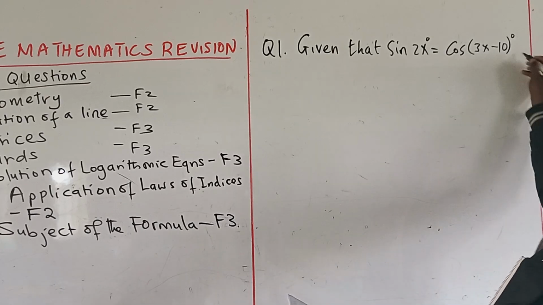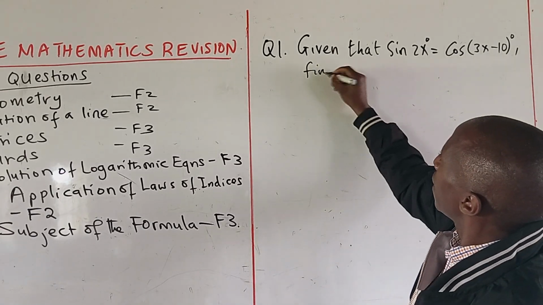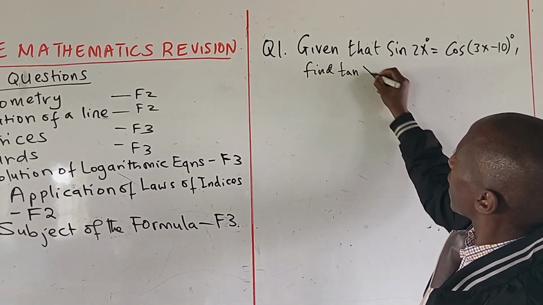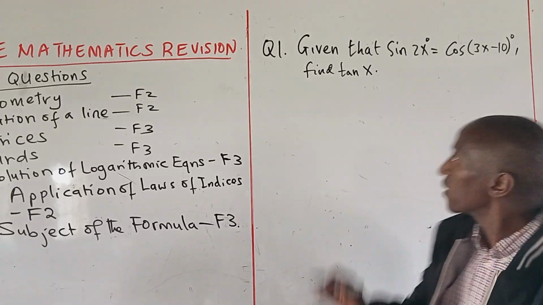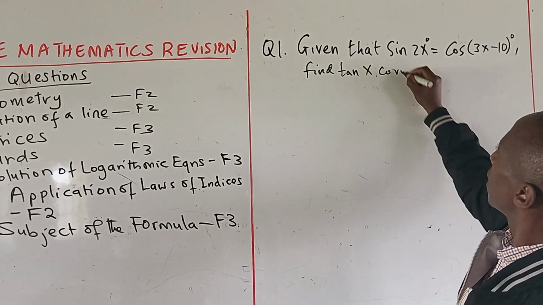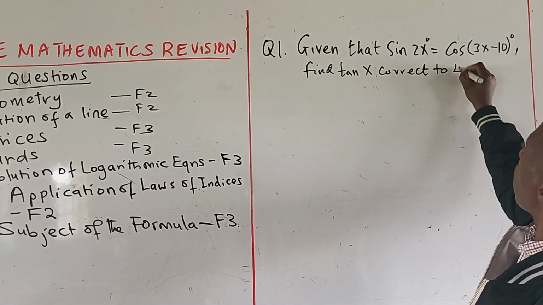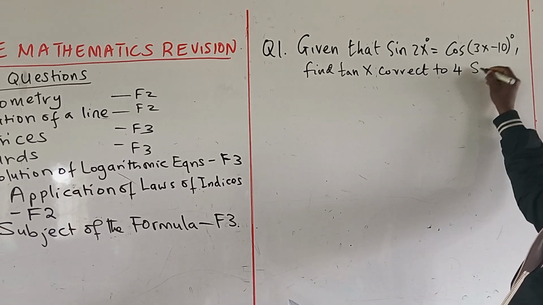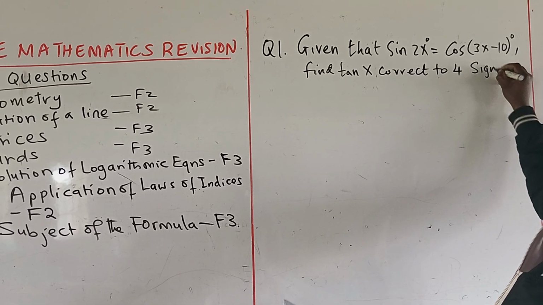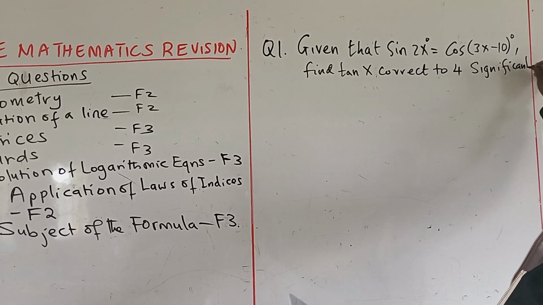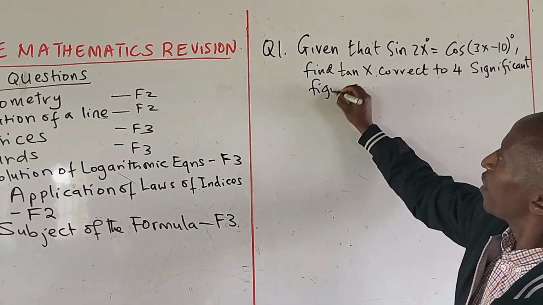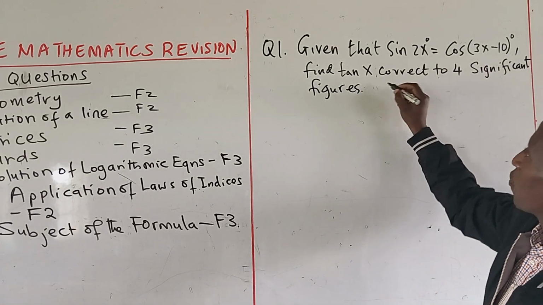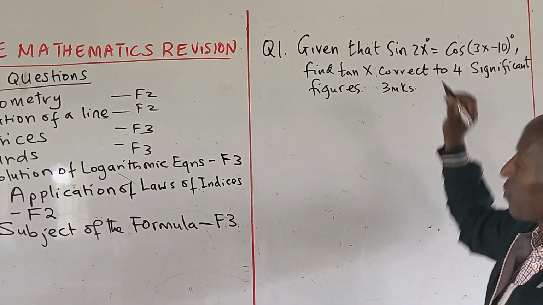The question is, find tan x correct to four significant figures, and this question is worth 3 marks.